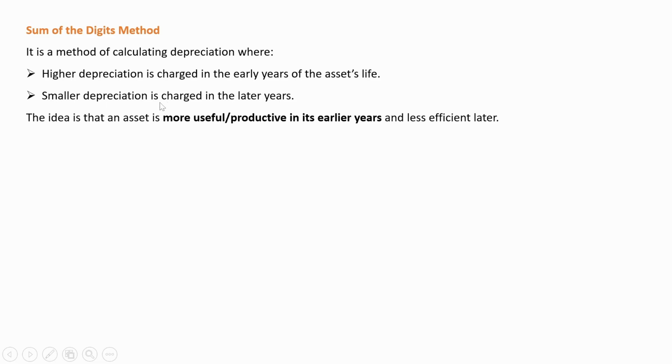Smaller depreciation is charged in the later years. Somehow similar to the reducing balance method, but not exactly the same. So the idea is that an asset is more useful or more productive in its earlier years and less efficient later.